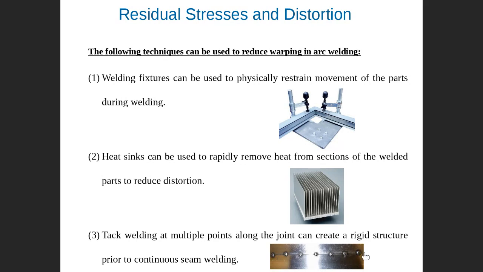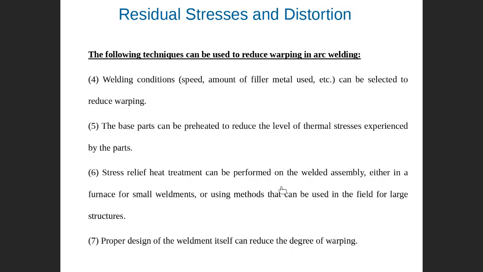Later, when you apply the weld, the welds done before will not allow the part to distort, because welding done here already makes it rigid. So we have a rigid structure before you do the continuous seam weld. We call it tack welding. This is another way to minimize the distortion due to thermal residual stress.